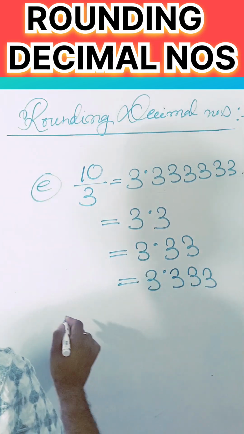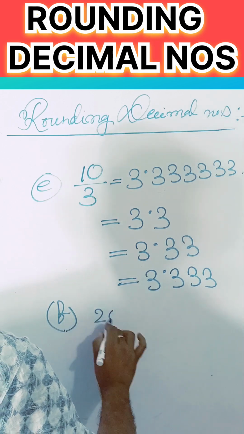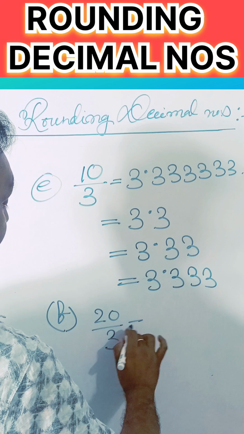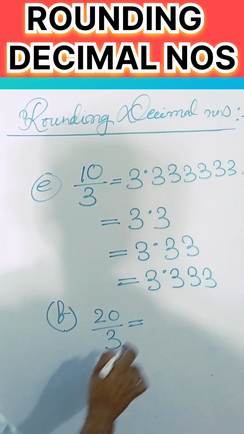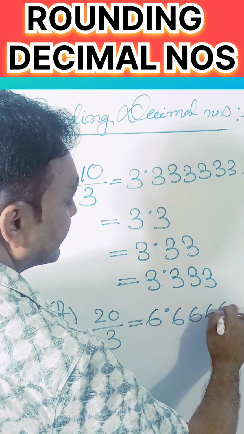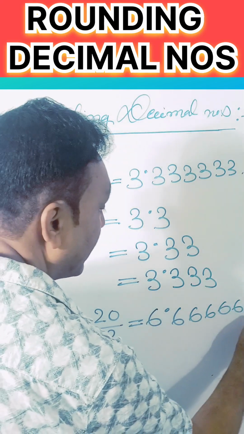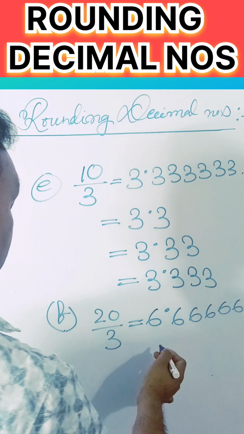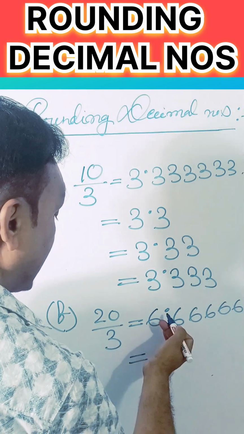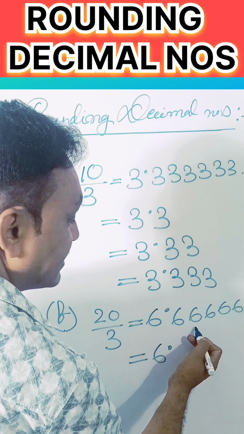But if I take another one, example f, 20 divided by 3. This is a rational number, so it will give you 6.66666, non-terminating but repeating, right? So it is a rational number. If we want to keep one digit after the decimal, it will be 6, then you have to check the next one.